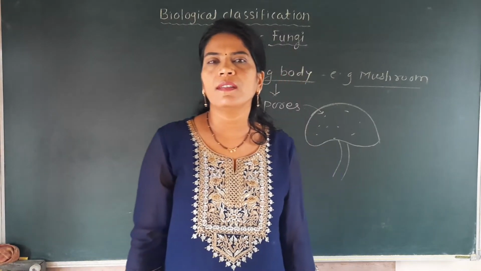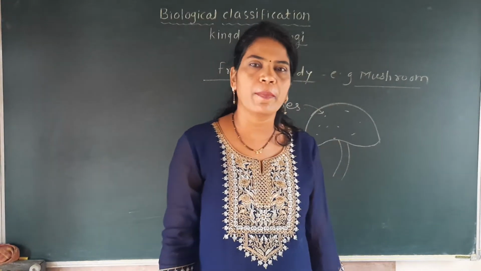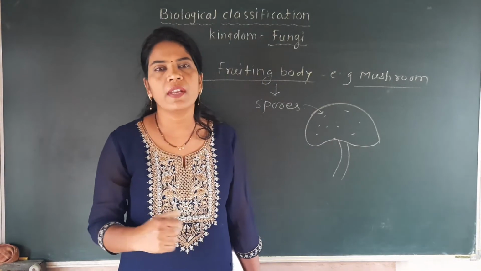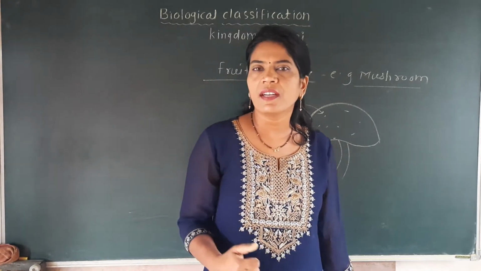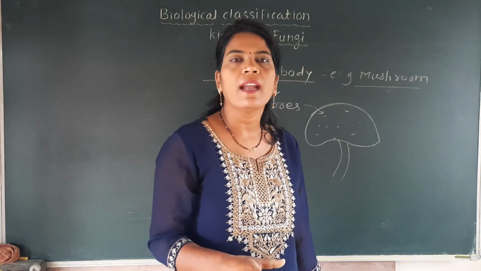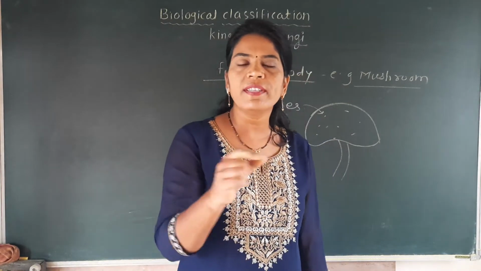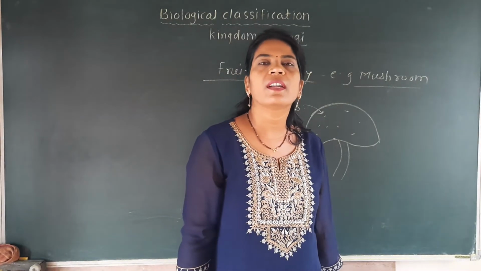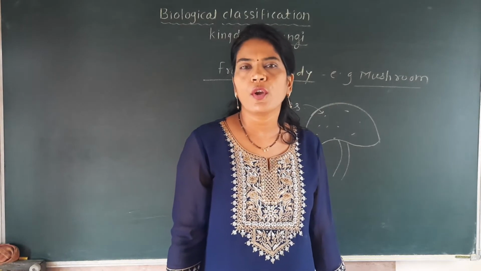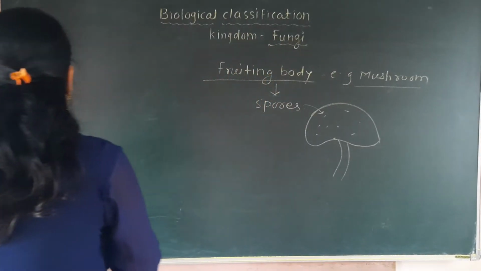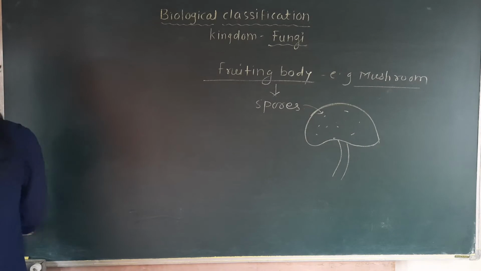Now we'll focus on the events of the sexual reproduction, because sexual reproduction is a very important phenomenon in the kingdom fungi, and you have to see which are the events or by which sequence the sexual reproduction takes place in the body of the fungi. So next point is the events of the sexual reproduction.